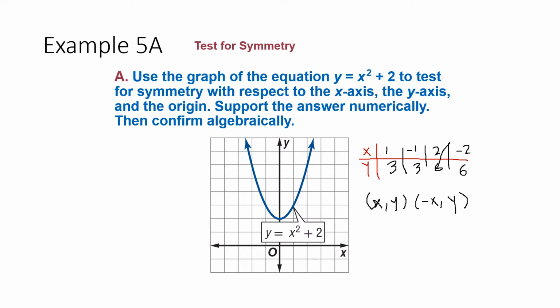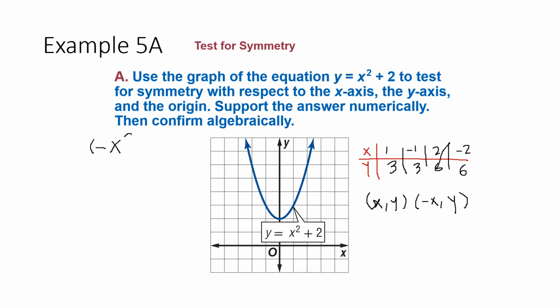What about confirming algebraically? To confirm algebraically that it's symmetric about the y-axis, replace the x's in the equation with -x, and see if it yields the same equation as the original one. Then yes, it is symmetric about the y-axis.